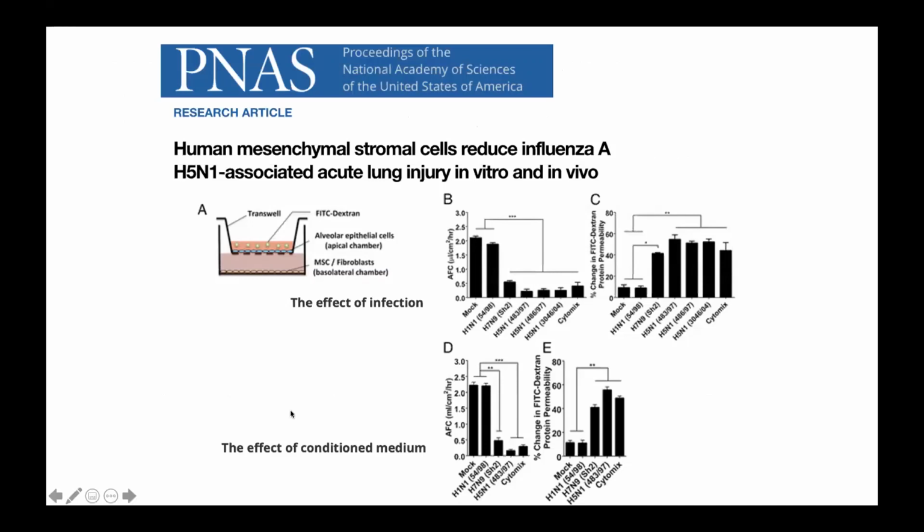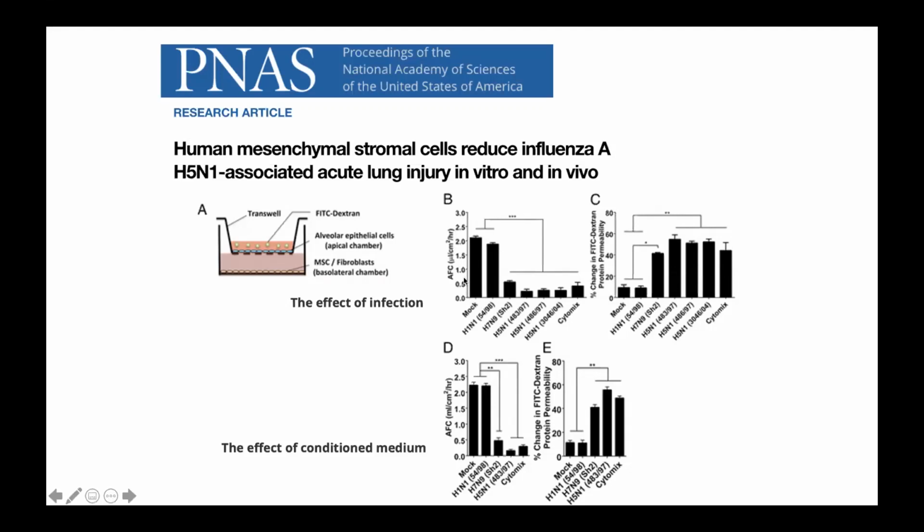So we have this transwell system where we have the epithelial cells here, and we put different kinds of fluorescent protein there, and we can measure things like the transportation of different sizes of protein across the epithelium, and also the fluid clearance on the epithelium, which represent the alveolar fluid clearance and also the protein permeability, which are very critical physiological endpoints that people use to measure.